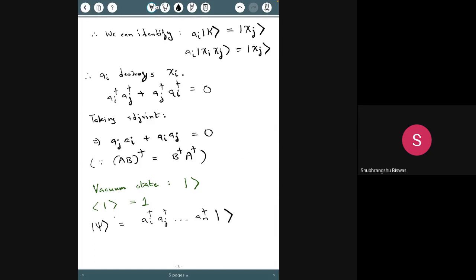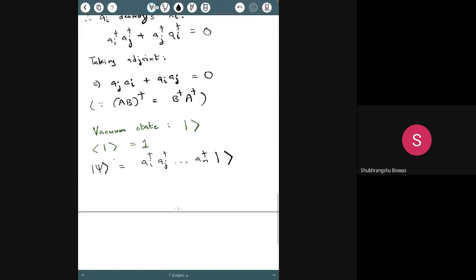So any determinant is written as a string of creation operators on the vacuum state. Then, since you can do that, if you want to evaluate, let's say, the overlap of two determinants, K and L, you simply write each of them as a string of creation operators and evaluate the expression.